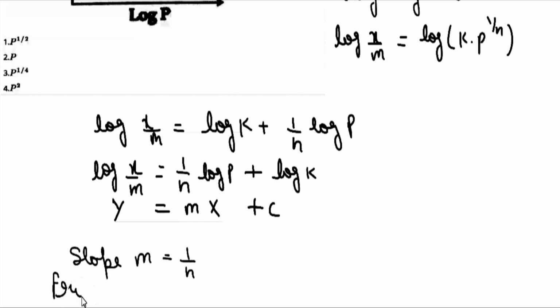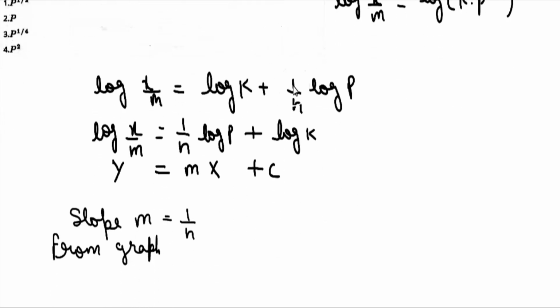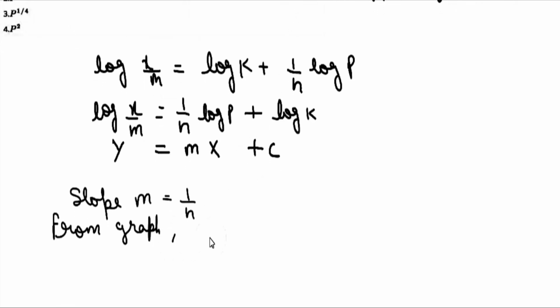From the graph, this and this will form tan theta, that is the slope, which is equal to 2 by 4, which is equal to 1 by n. So 1 by n is equal to 2 by 4, that is, n is equal to 2.